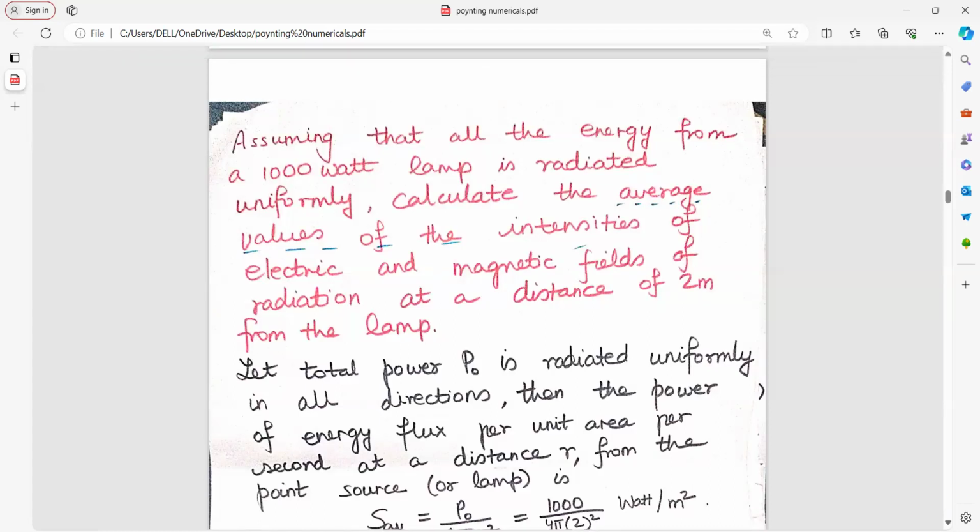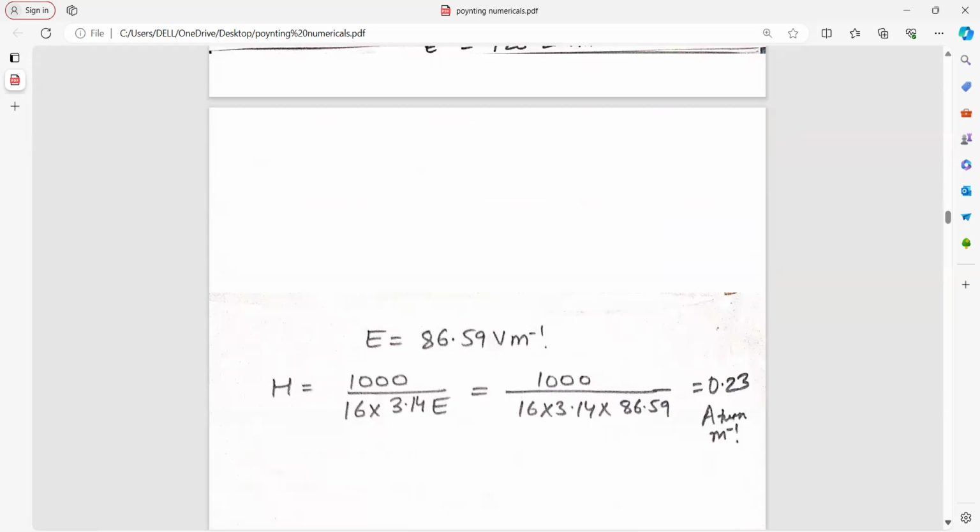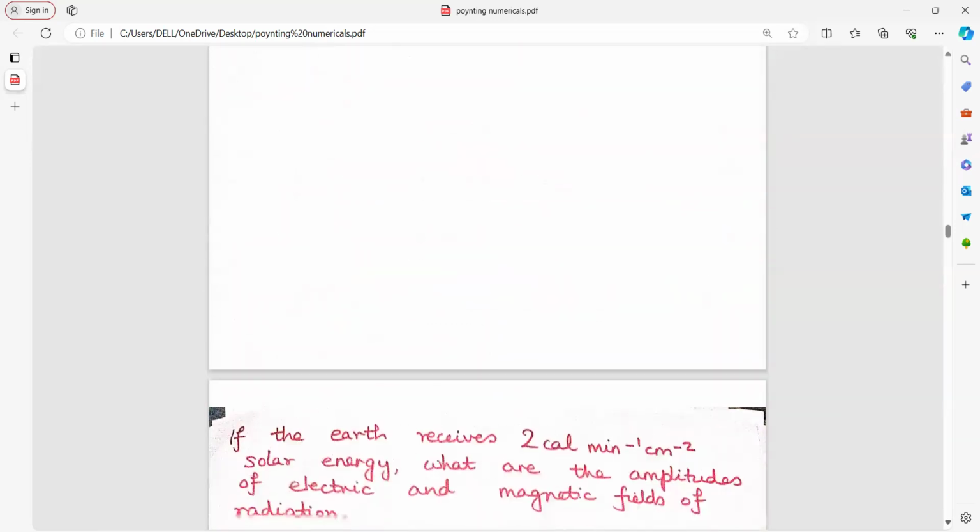The same process will go. S is equal to P upon A, where here 1000 watt is given and R is the distance of 2 meters from the lamp. From Poynting theorem, you have two simultaneous equations, EH and E upon H. Either you cross multiply them or divide them to find the individual values of E and H.